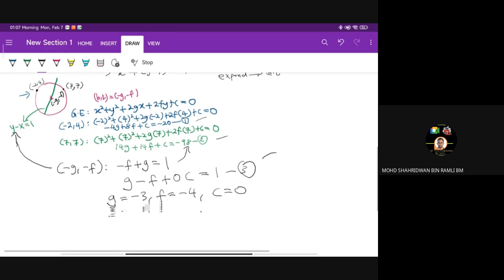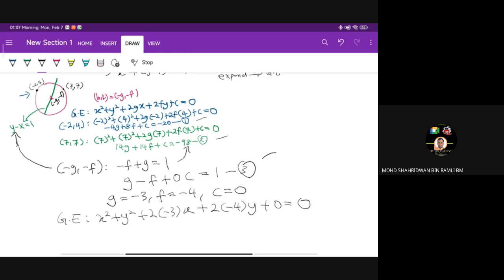Please don't forget to substitute into our general equation. The general equation is x squared plus y squared plus 2g x plus 2f y plus c equals 0, where g is negative 3, f is negative 4, and c is 0.